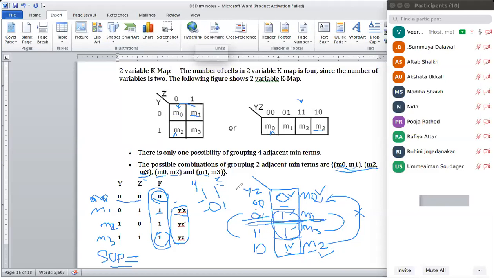Because of the minterm function, 1 and 0 will get cancelled.